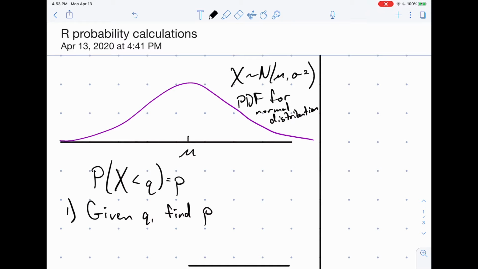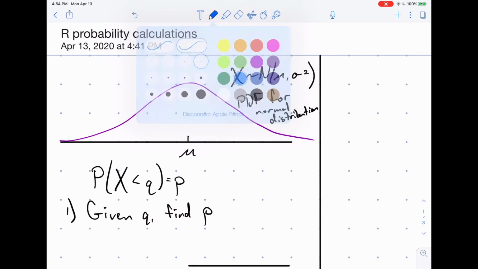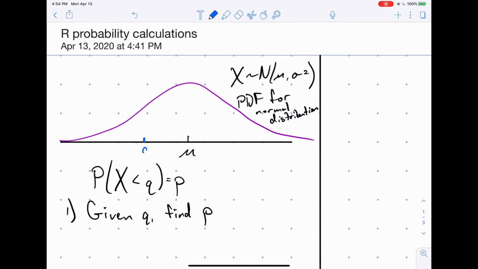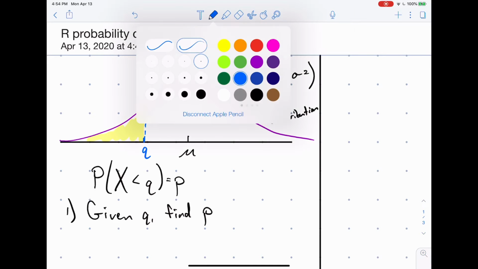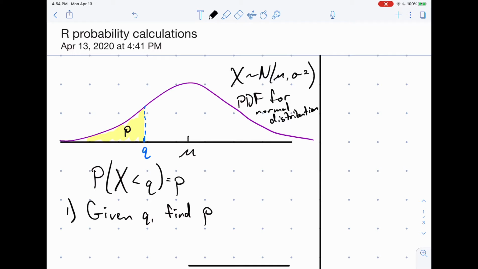If I were to draw it, it looks like this. You draw a point Q on here, draw a line up through here. If I highlight this area, the area that I've highlighted should be equal to P. That's the area from negative infinity all the way up to Q. So given Q, find P.